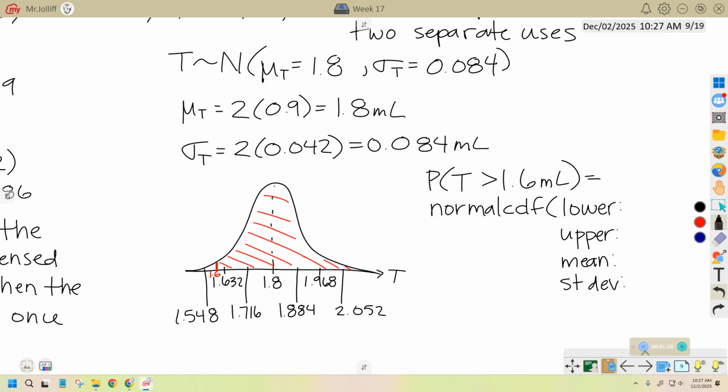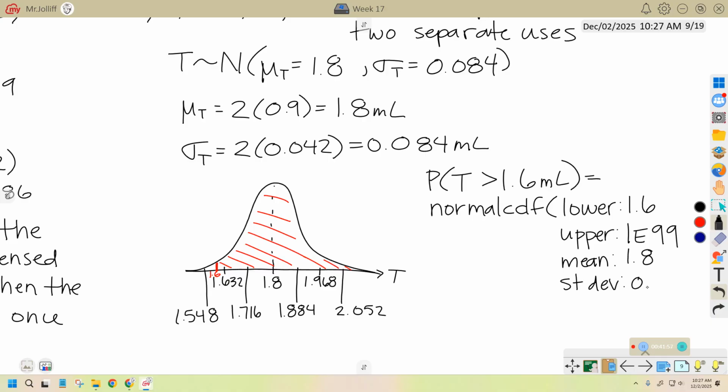Okay, Ariana, what's my lower bound? 1.6. Very good. Julia, what's my upper bound? Very good. Goes forever and ever and ever on the right. Perfect. And then we found the mean and standard deviation for t. Mean is 1.8.